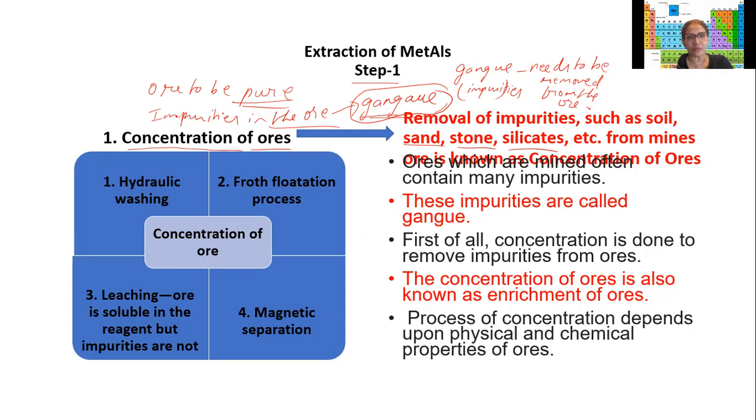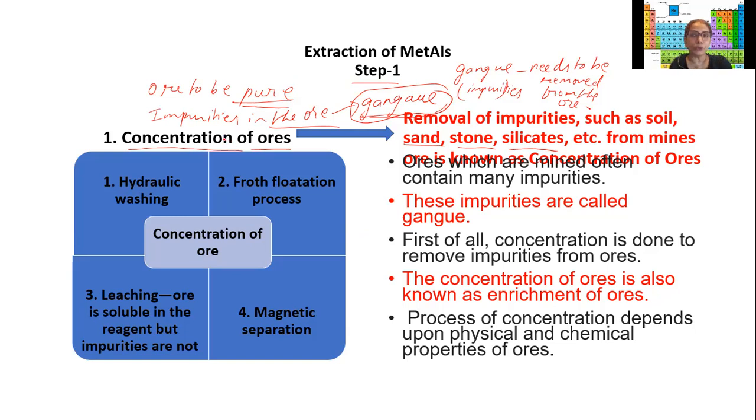So what are the various methods depending on these impurities? What type of impurities are they? Whether there are magnetic impurities or impurities which are heavier than the ore, or if the impurities are soluble in some reagent, or we can also see if it is a sulfide ore, we use the froth flotation process.